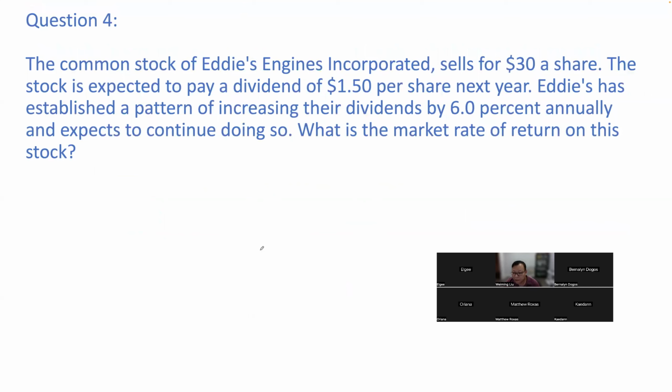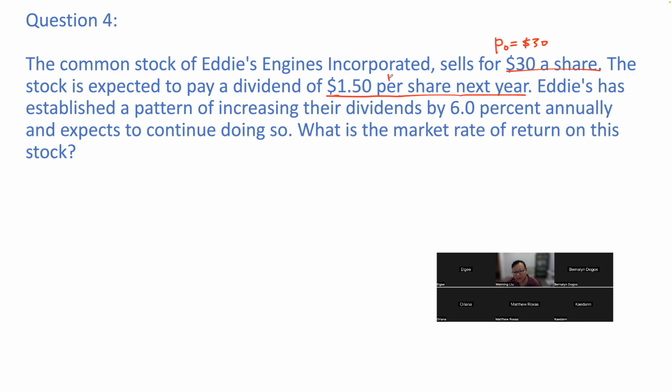Question 4. The common stock of Addis Engines Incorporated sells for $30 per share. So right away we have a P0, P0 equals 30. The stock is expected to pay a dividend of $1.50 per share next year.